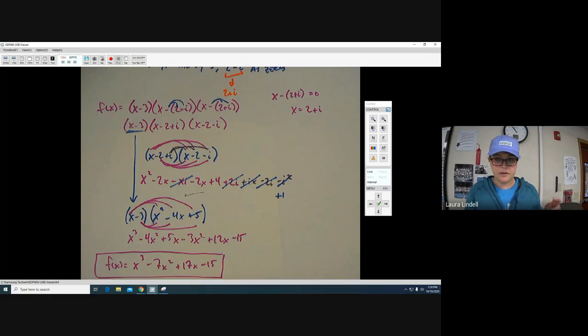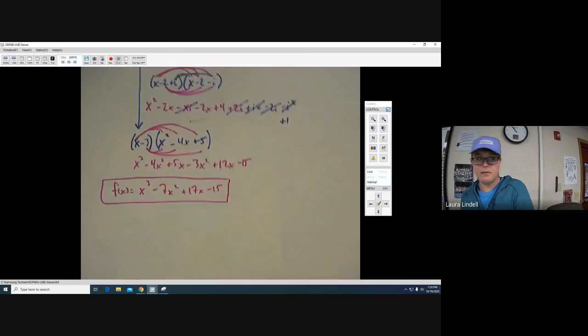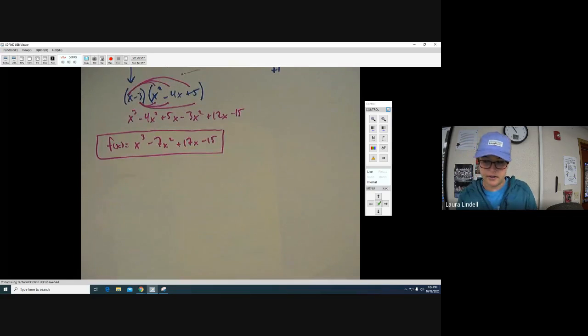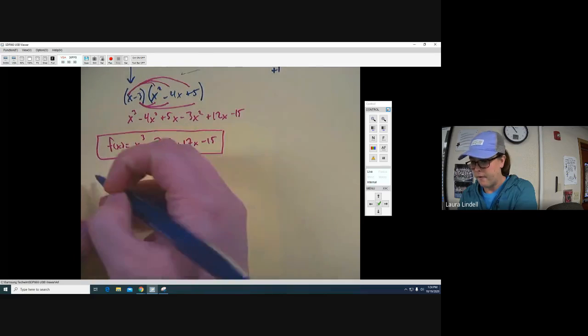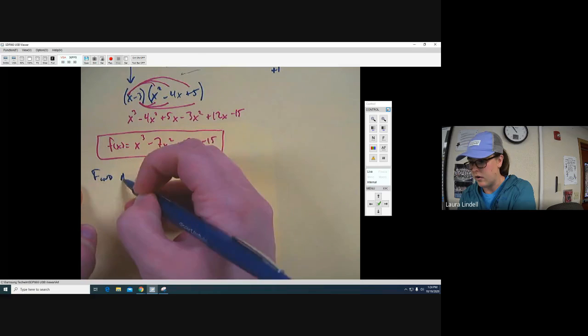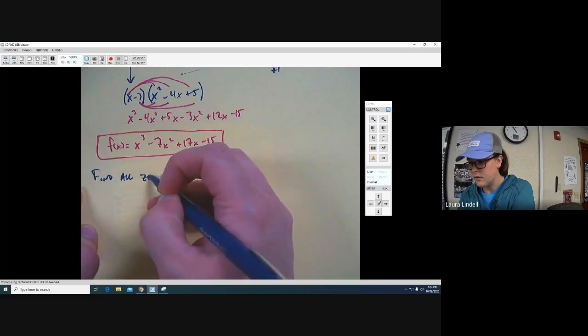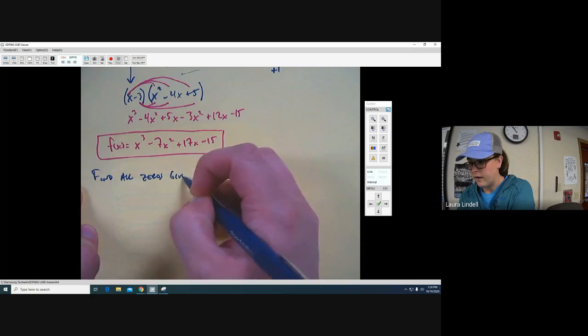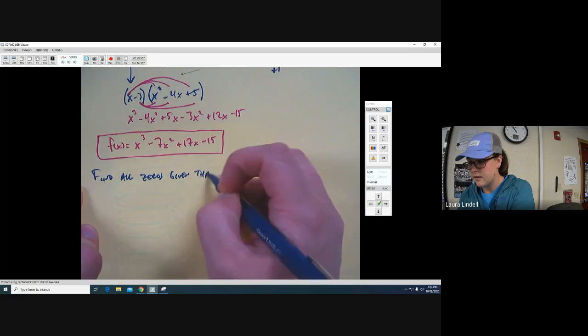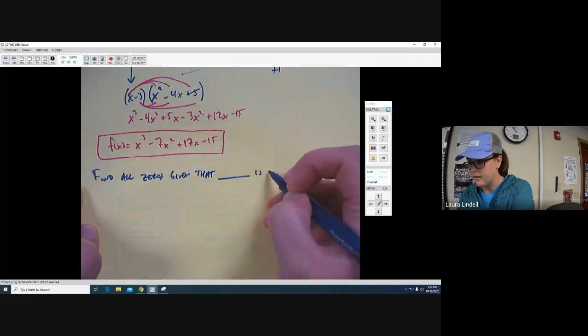Okay, so the second type of question that we are going to see is find all of the zeros given that blank is a 0. That's going to be the style of question we see next.